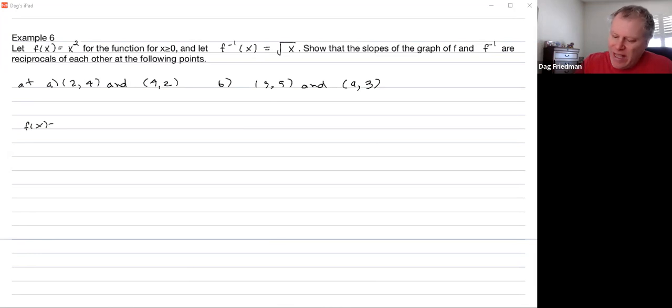passes through the point, let's say (1, 2), and it has a derivative, they say f prime of 1 equals 7. Then they'll ask what is the derivative of the inverse.